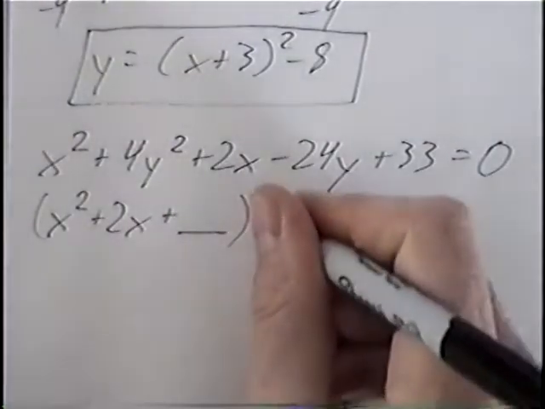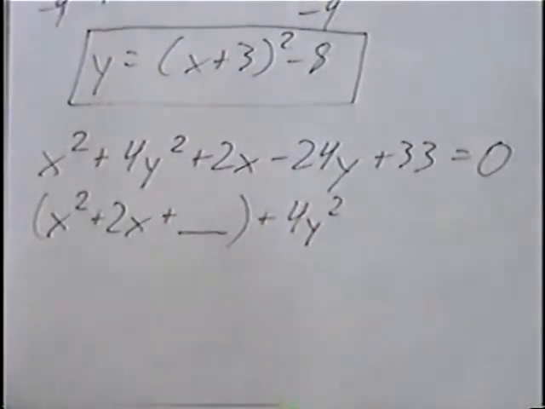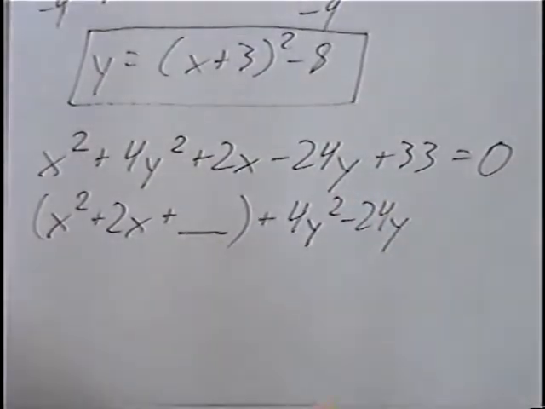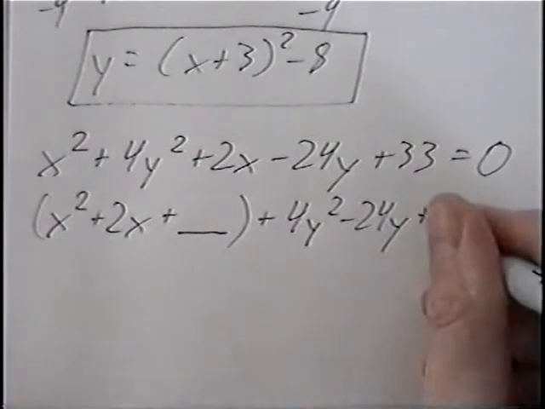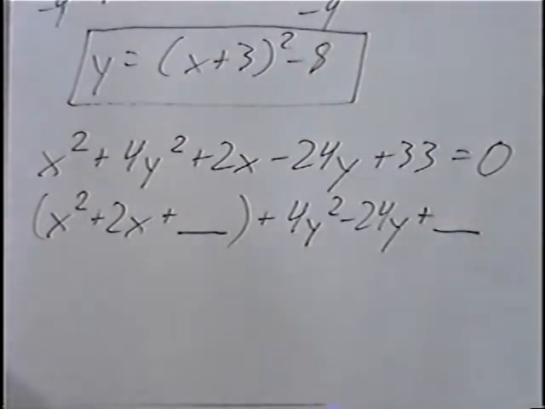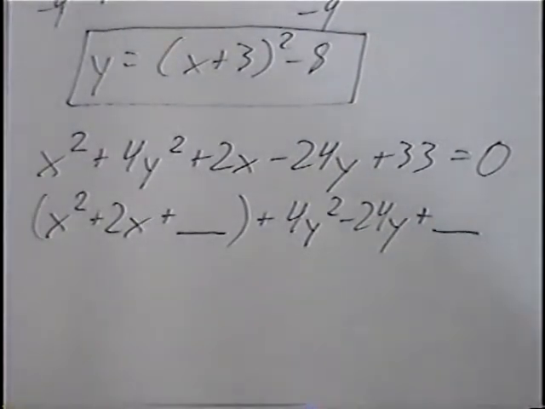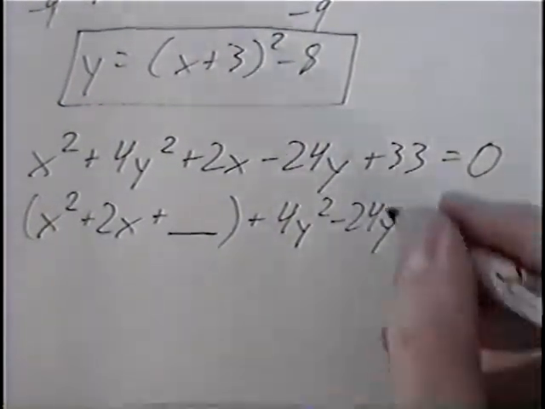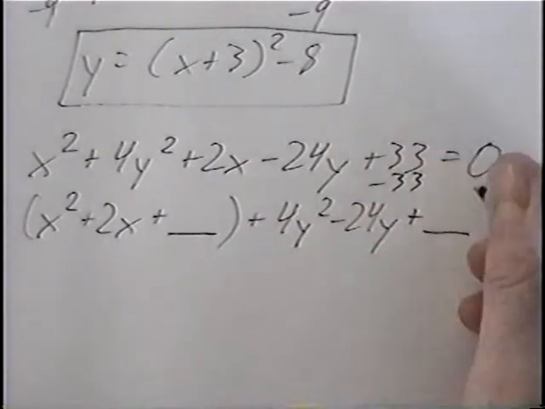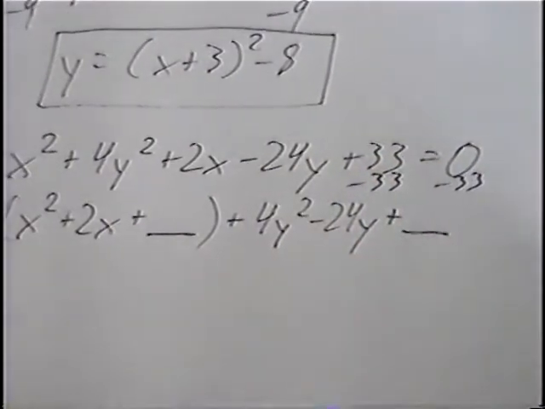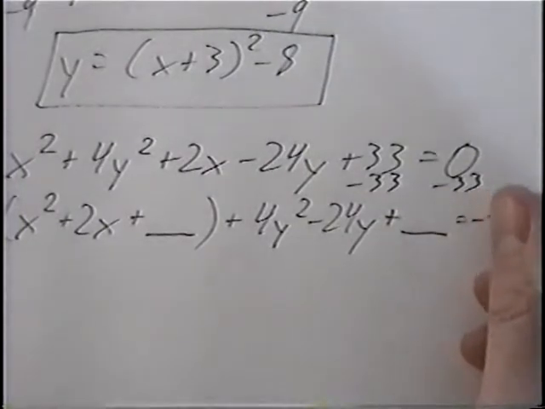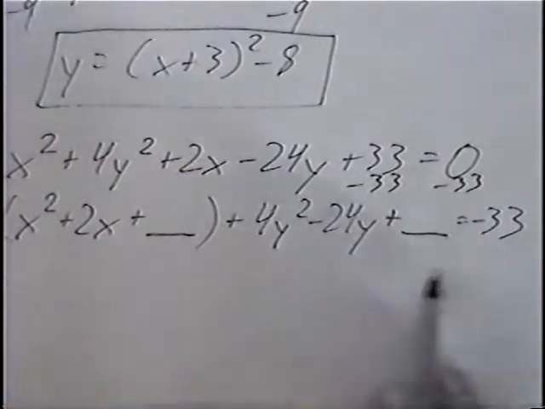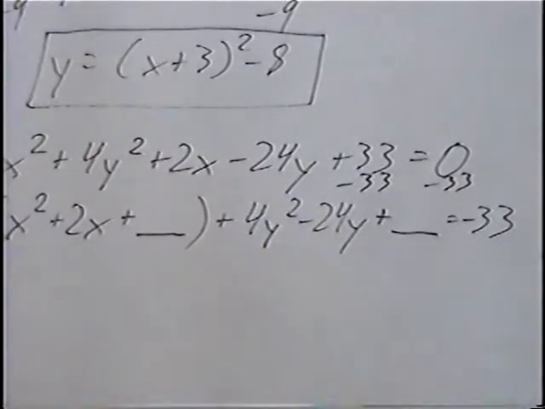The 4y squared will come down, and we'll put the minus 24y after that. And again, we'll add a number to the y value so we can factor that in just a minute. For the plus 33, what we can do is move that to the other side by subtracting 33. So it'll be equal to negative 33.